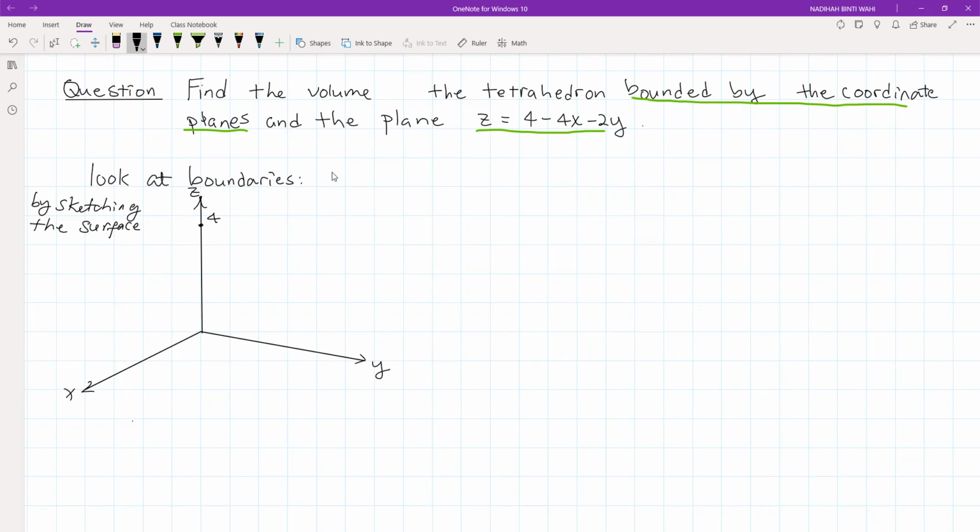So maybe I can just write here: x, y equals 0, so z equals 4. So the z intercept is 4. And then when x and z equal 0, we want to find the y-intercept, so it will be 4 divided by 2. So this is just this point right here, 2. And then we can see that when z and y equal 0, x equals 1.